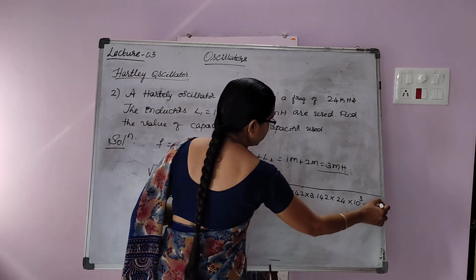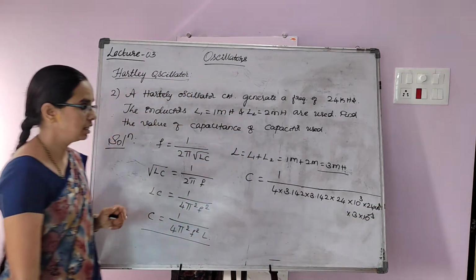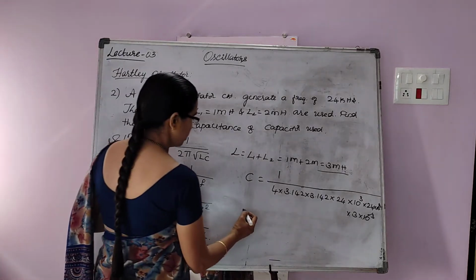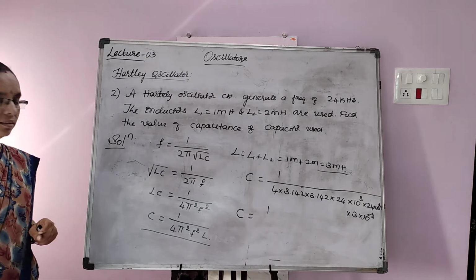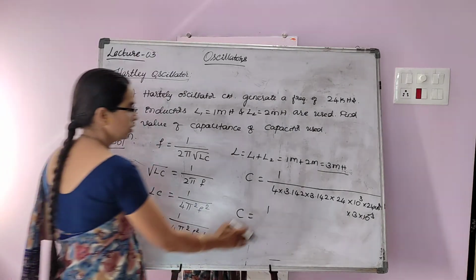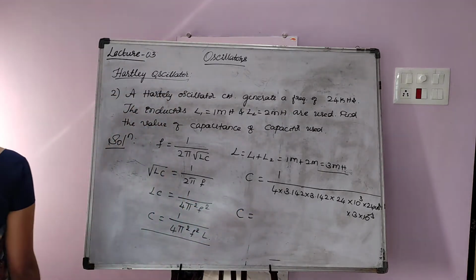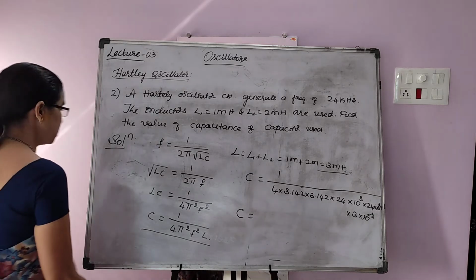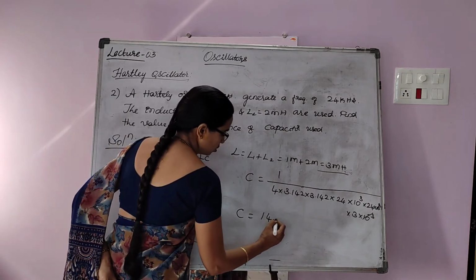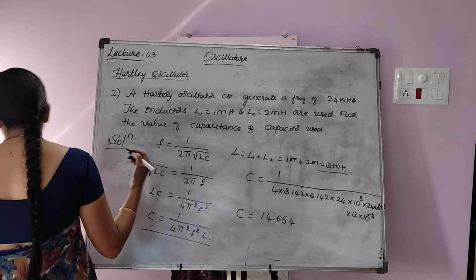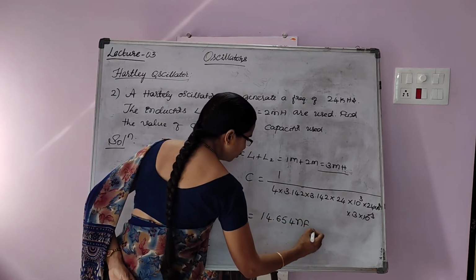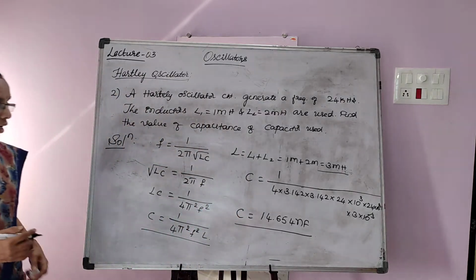So 10 to the power of plus 3 and minus 3 get cancelled. Use the calculator, calculate the values. 14.654 nanofarad will be the value of the capacitor.